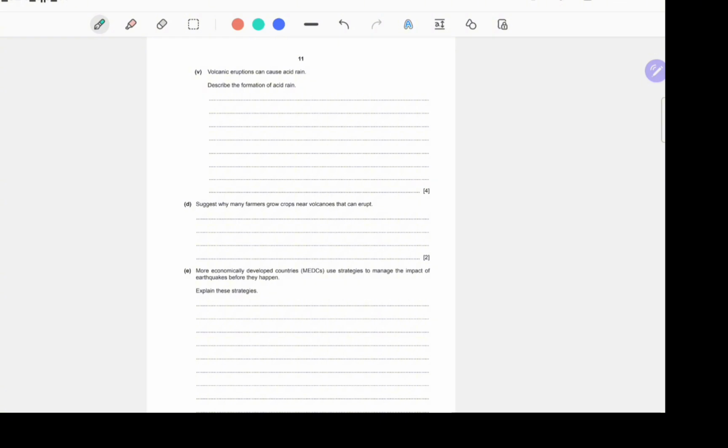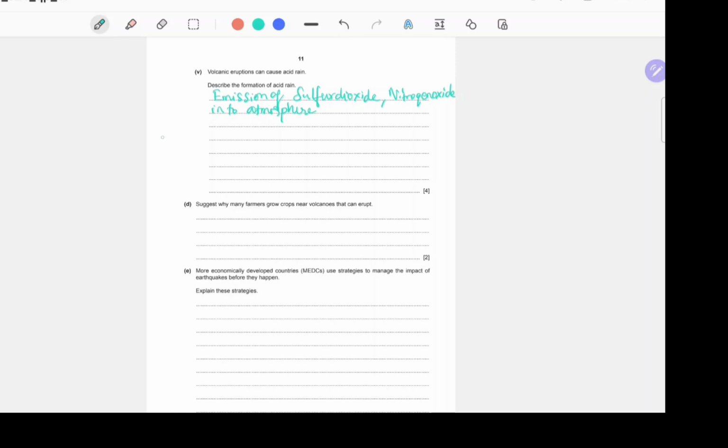It is caused by the emission of sulfur dioxide and nitrogen oxide into the atmosphere. We will write one by one. So into the atmosphere, this is the first stage.